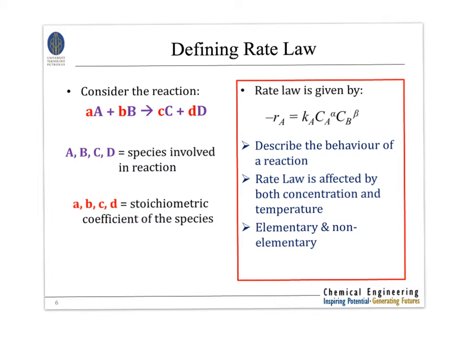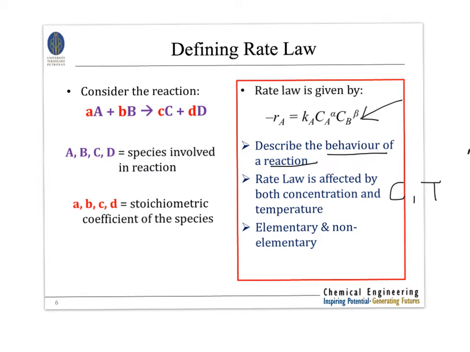Before we move into problem solving, there are a few terms that you must understand. Okay, so the first term is rate law. Rate law is given by this expression which describes the behavior of a reaction. And rate law is affected by both the concentration and the temperature.